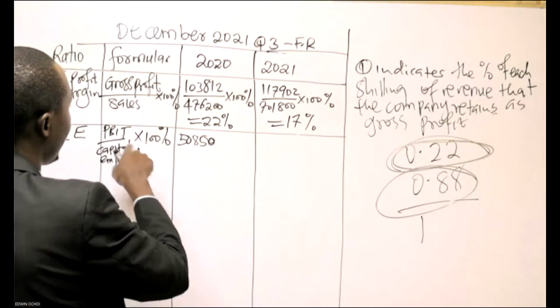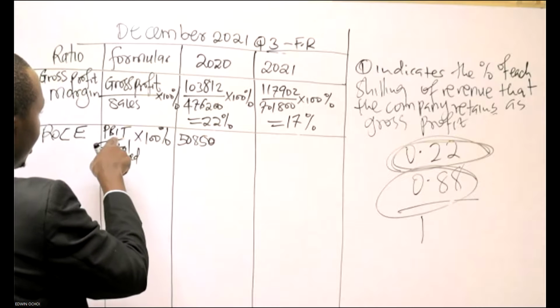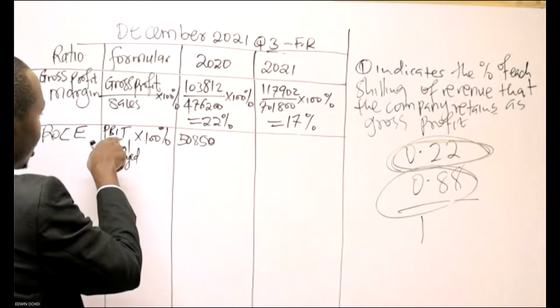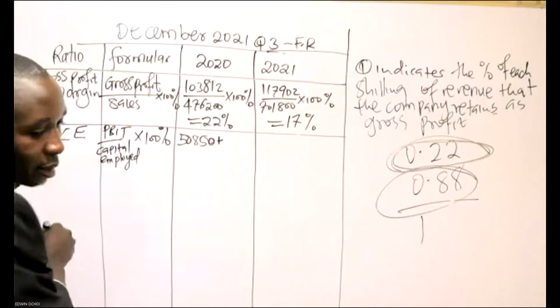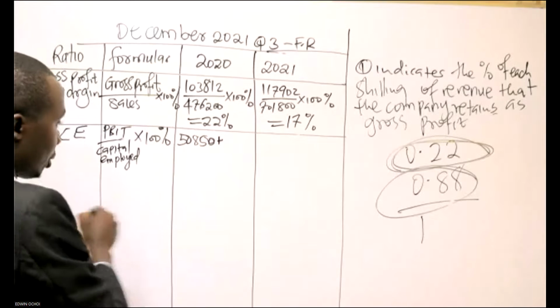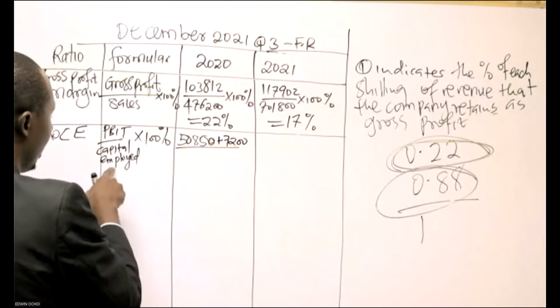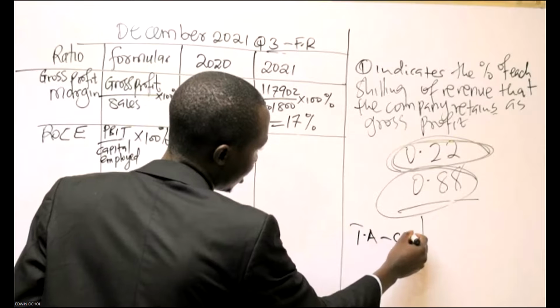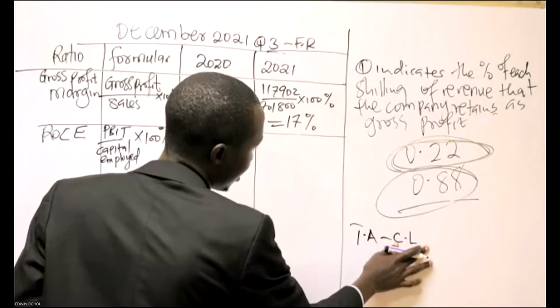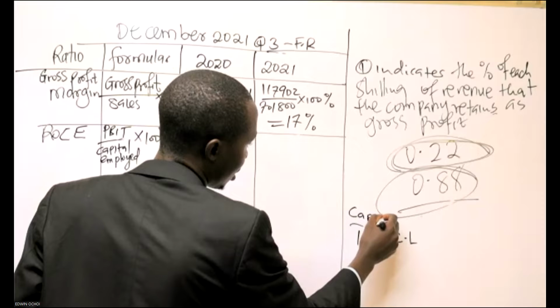So this is now profit before tax. But remember that they have already deducted interest, so we have to add the interest, which is 72. Then capital employed, we said, is total assets minus current liabilities.